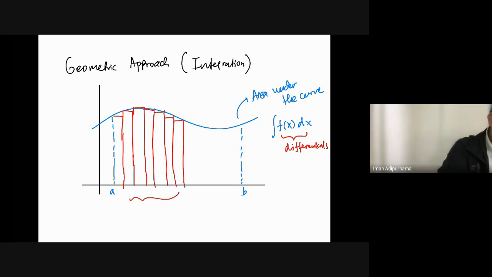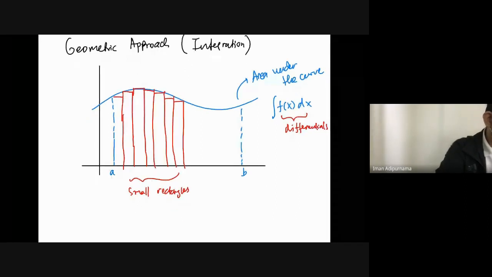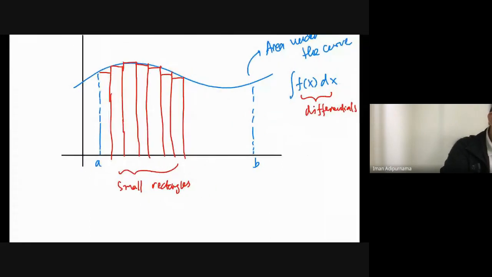So we can have small rectangles, and we take this in a small delta x, and this is our f of x. Okay.